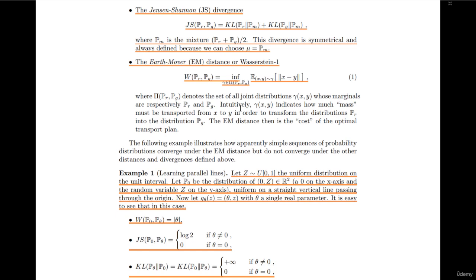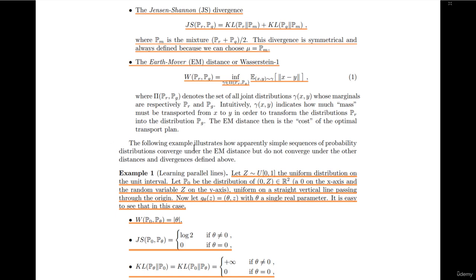Intuitively, gamma of (x, y) indicates how much mass must be transported from x to y in order to transform the distribution PR into the distribution PG. The EM distance then is the cost of the optimal transport plan.